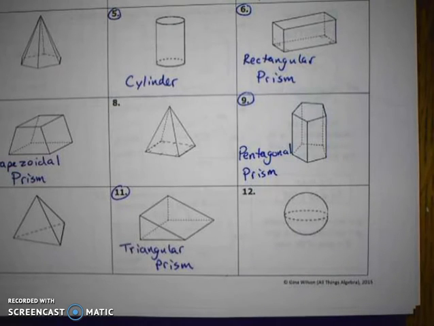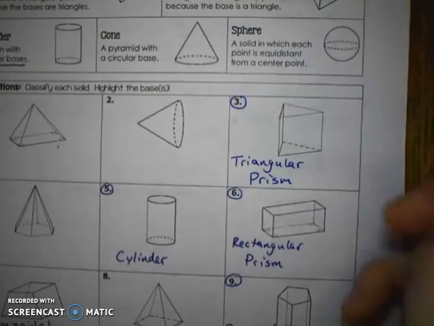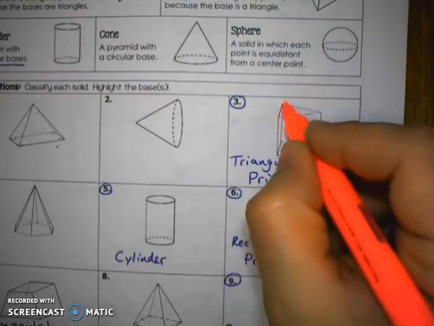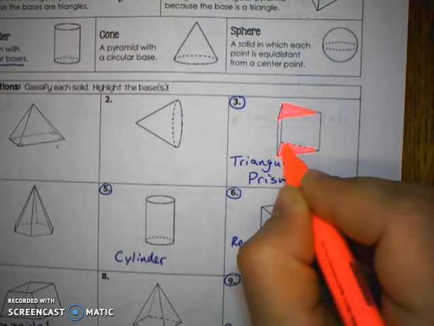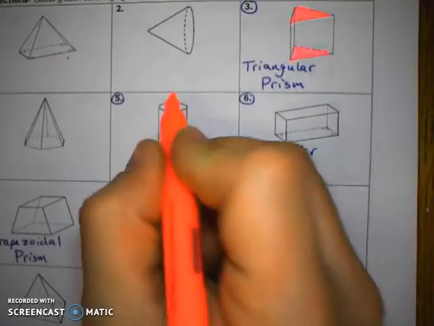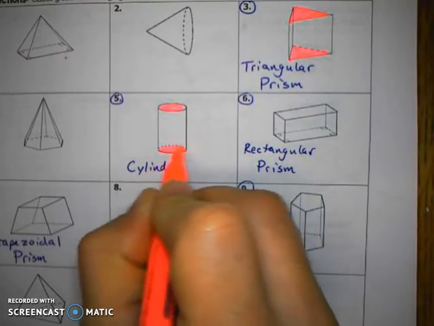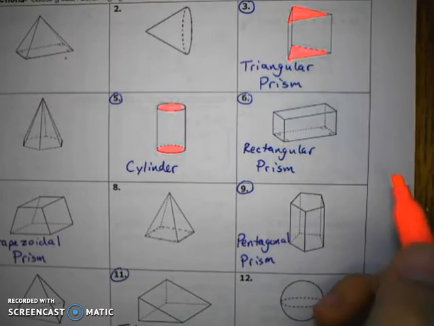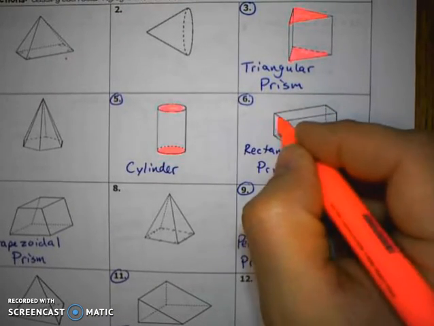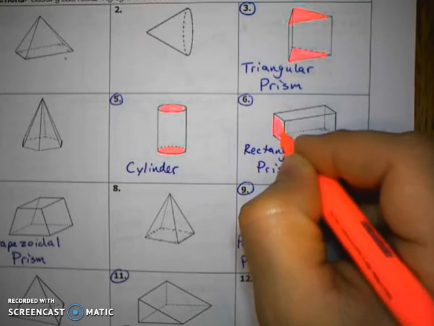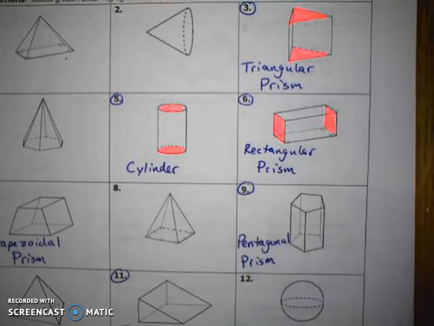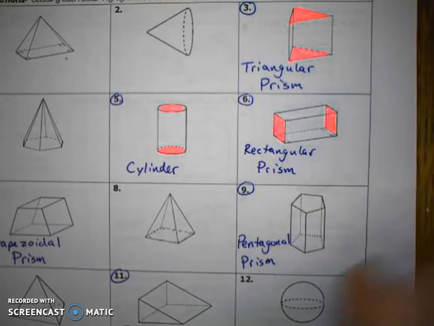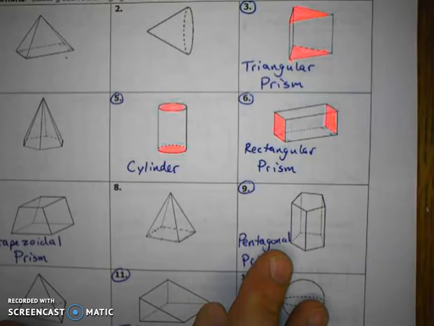And very quickly I'm going to go back through these that we've talked about and highlight what the bases are. In this triangular prism, these triangles are the bases. In the cylinder, the circles are the bases. And on this rectangular prism, any 2 opposite rectangles can be bases. It doesn't have to be top and bottom in that case.